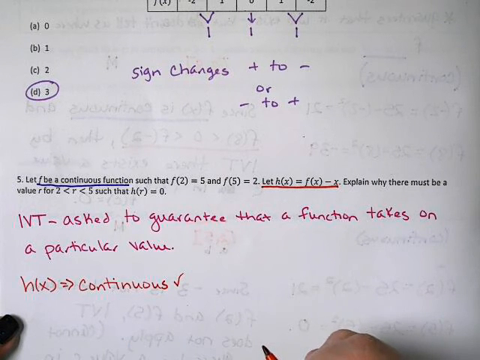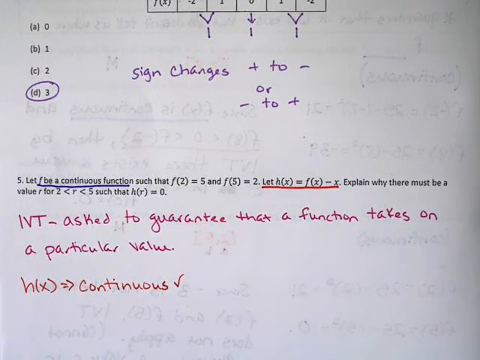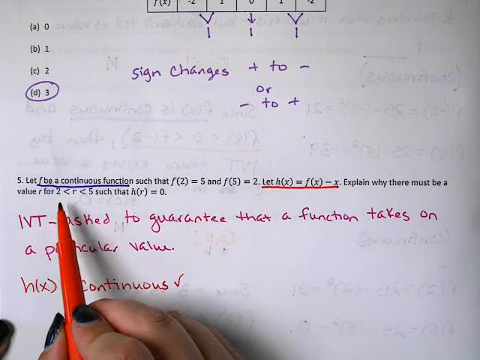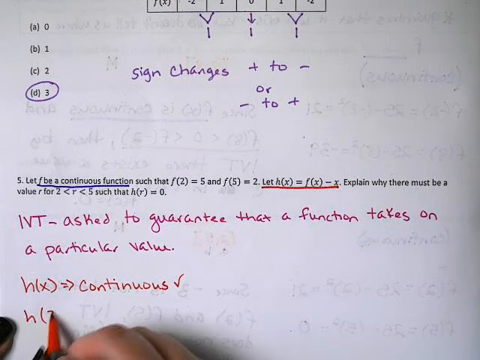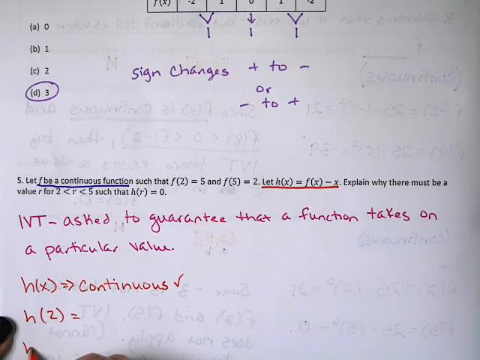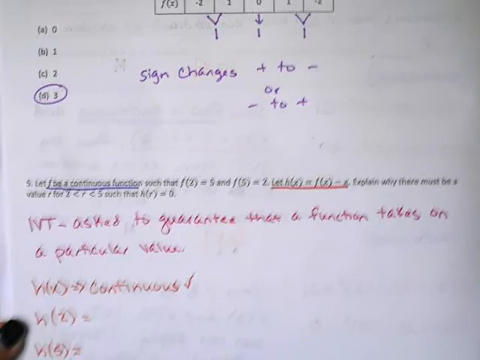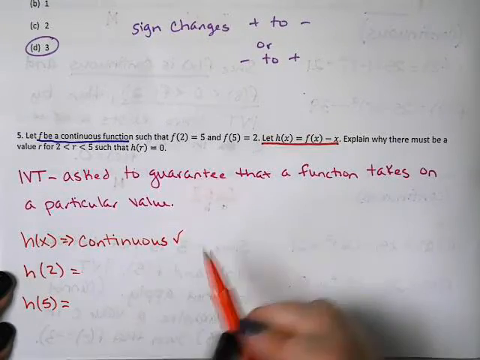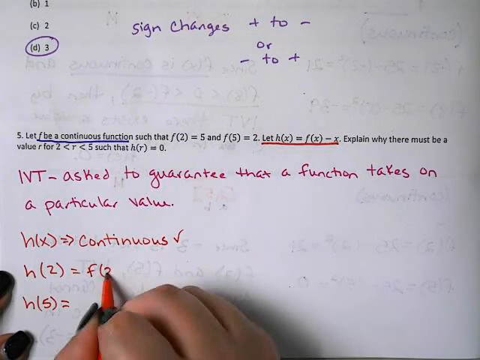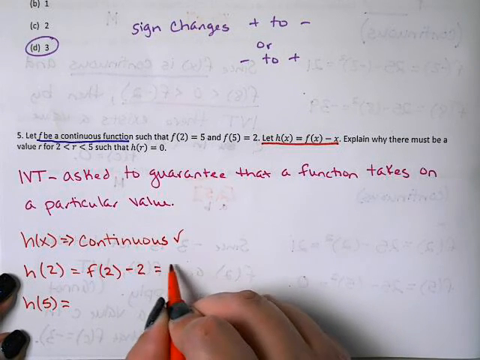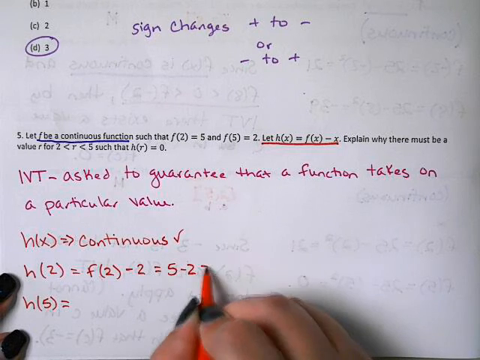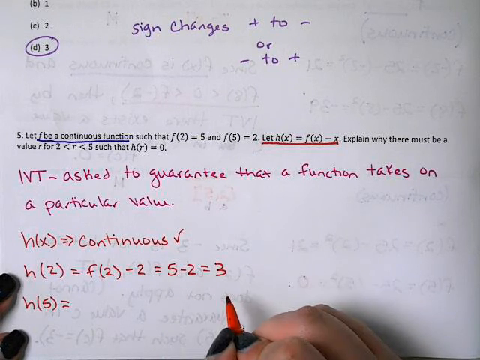All right, then we need to figure out the values of the endpoints. Well, the interval we're looking at right now is from 2 to 5. So we're going to figure out what is h of 2 and what is h of 5. H of 2 is f of 2 minus 2. So that would be 5 minus 2, which is 3.